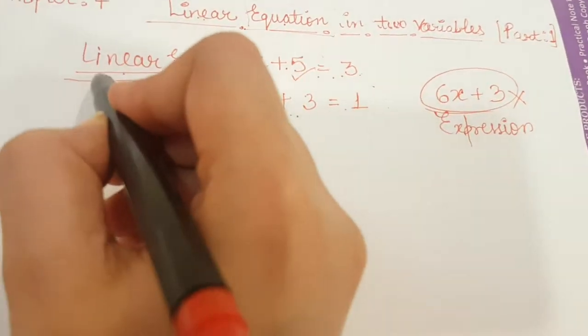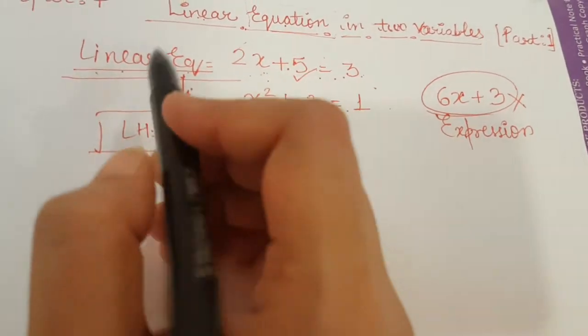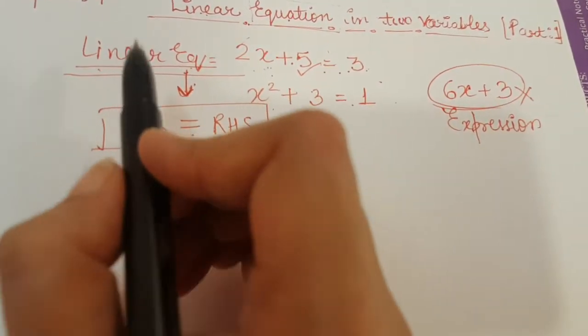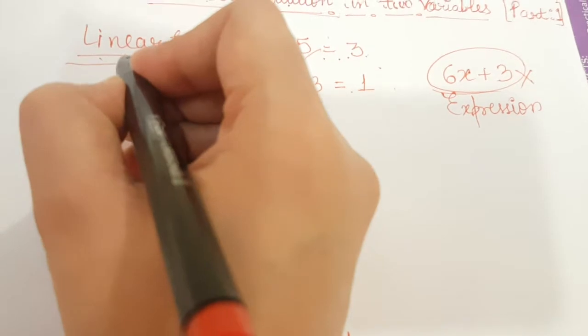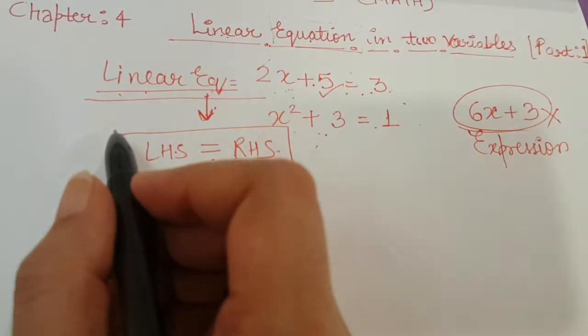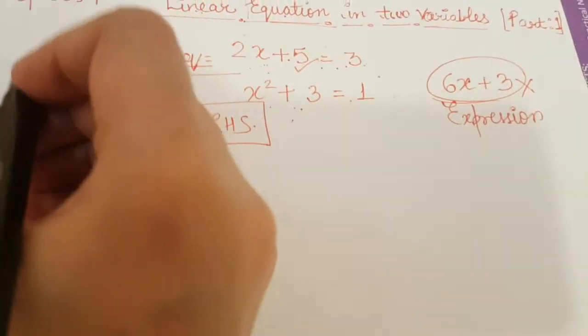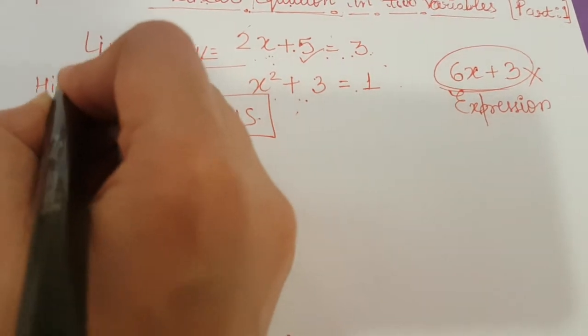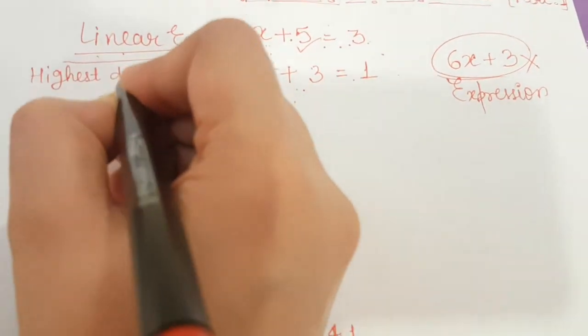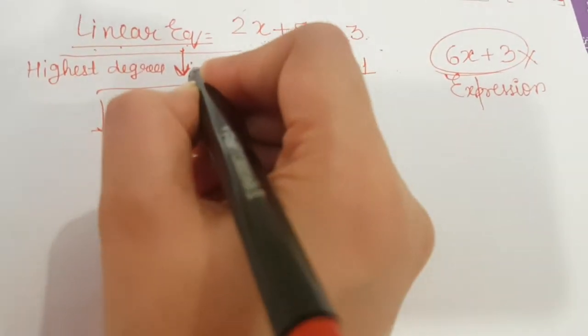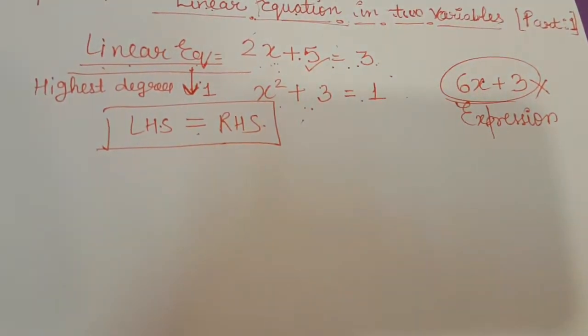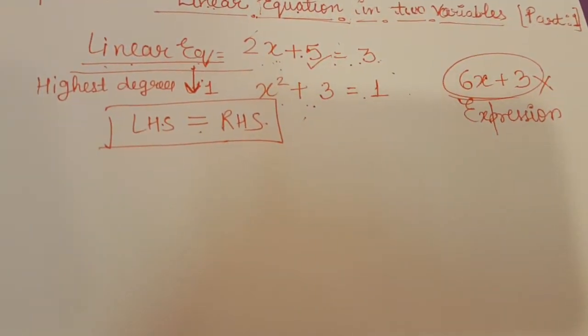Now what about linear equation? About linear equation, I told you in the polynomial that if the highest degree of the variable is 1, then this will be linear equation.